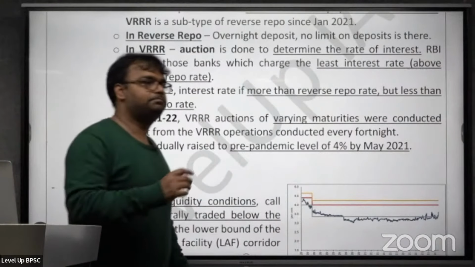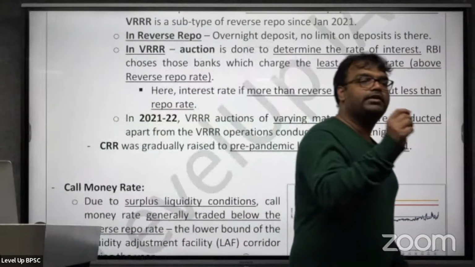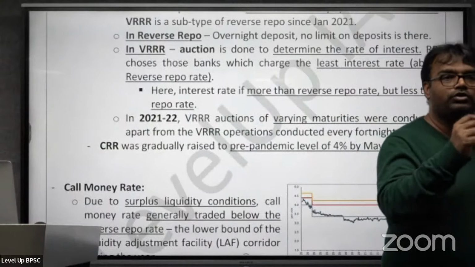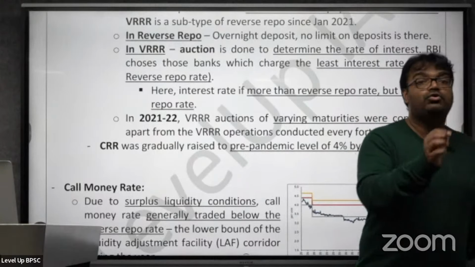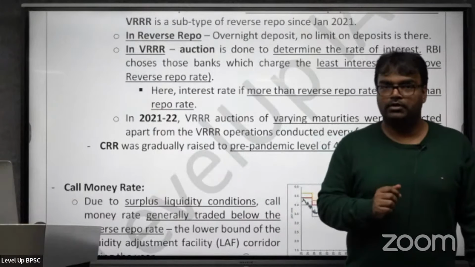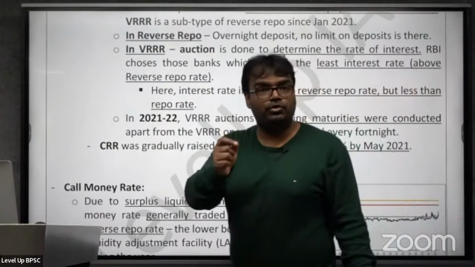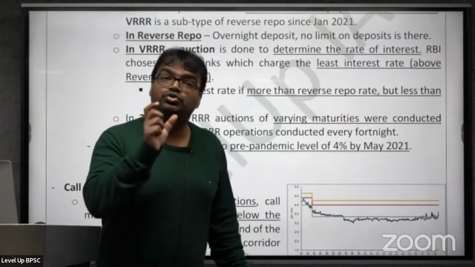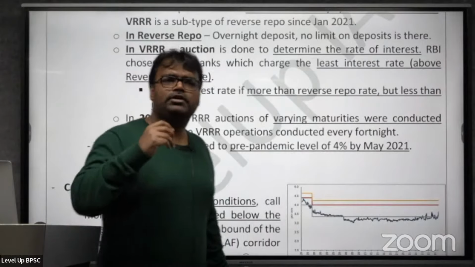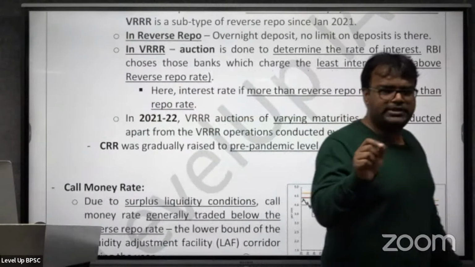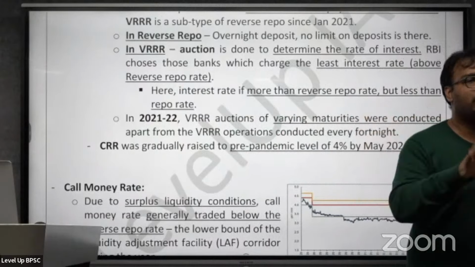So these things: targeted long-term repo operation, special long-term repo operations, variable rate reverse repo. These things you should clearly understand. Exam में जब आएगा ना, तो exam में you would not get the same statements which we have in our notes.